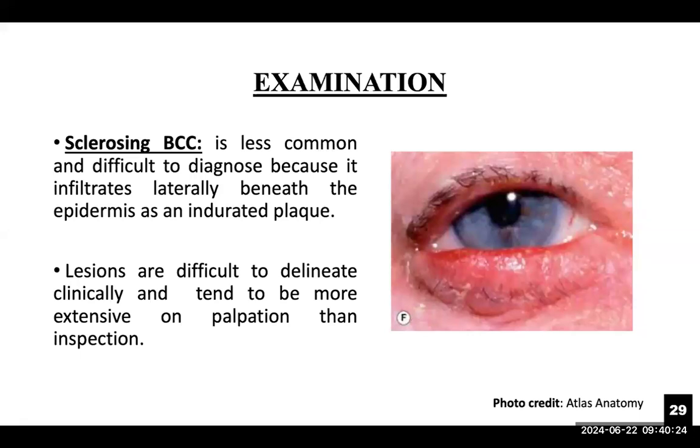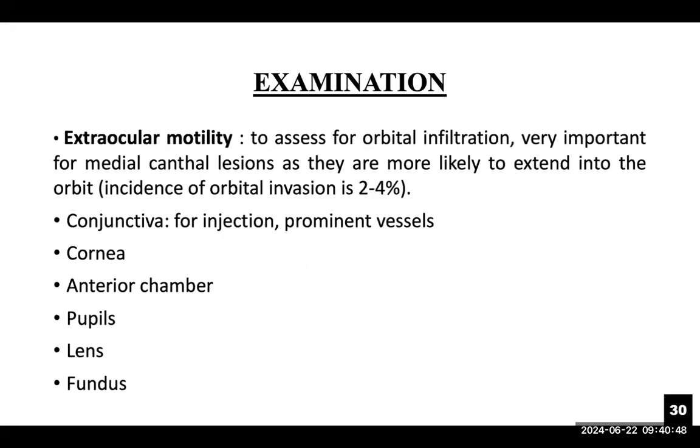Okay, so the sclerosing form is less common and more aggressive, and it's usually difficult to diagnose because it infiltrates laterally beneath the epidermis as an indurated plaque. The lesions are difficult to delineate clinically and tend to be more extensive on palpation than on inspection. So we also want to assess the extraocular motility for any orbital infiltration.